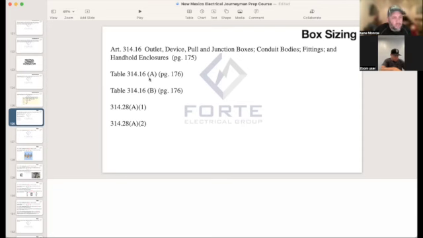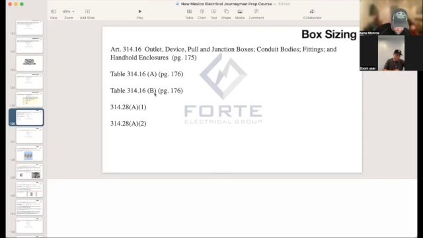And this one right here, 314.16(B), gives you your wire size, and this is very important. You'll see in a little bit how important this is, depending on 14 gauge or 12 gauge or 10 gauge. It'll be a multiplier for you to figure out your cubic inches on your boxes.